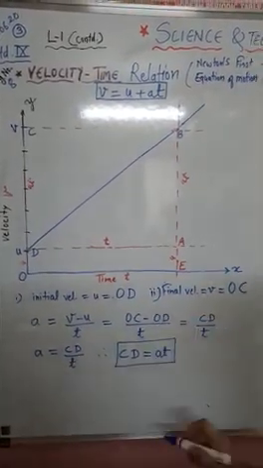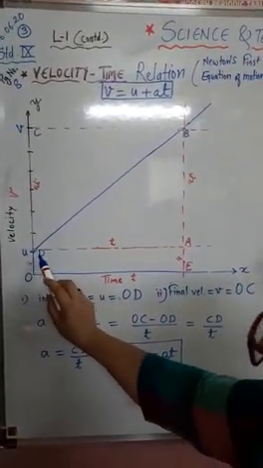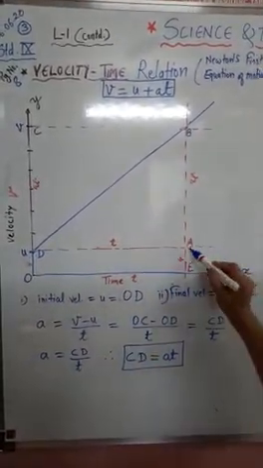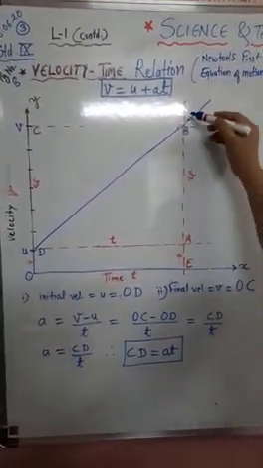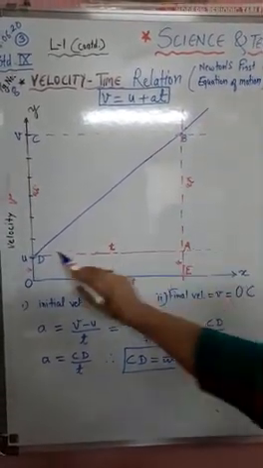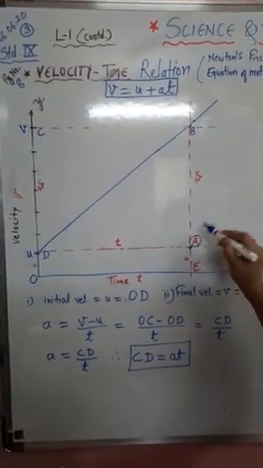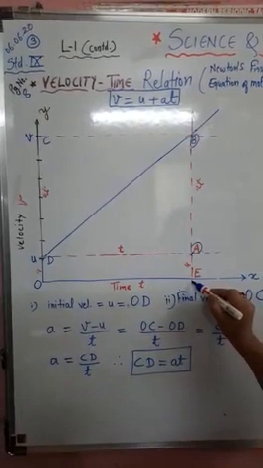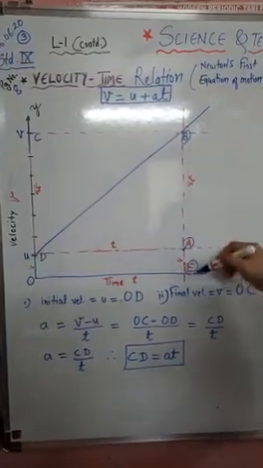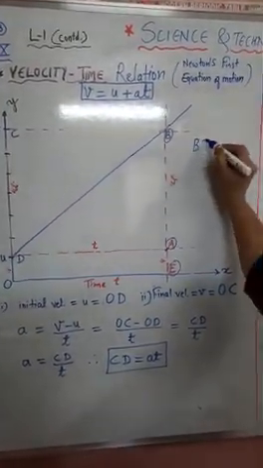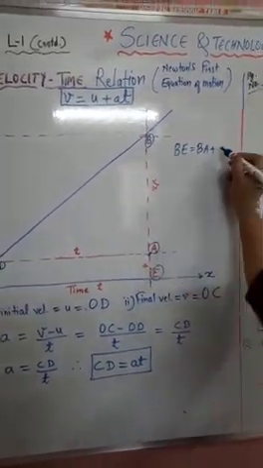After this we have to draw a line parallel to the x-axis passing through the point D. When we draw this parallel line, we get a point A. We draw a line parallel to the y-axis passing through B, and at the intersection we get this point A, and B is there, and where it crosses the x-axis we get E. So this line BE is equal to BA plus AE.